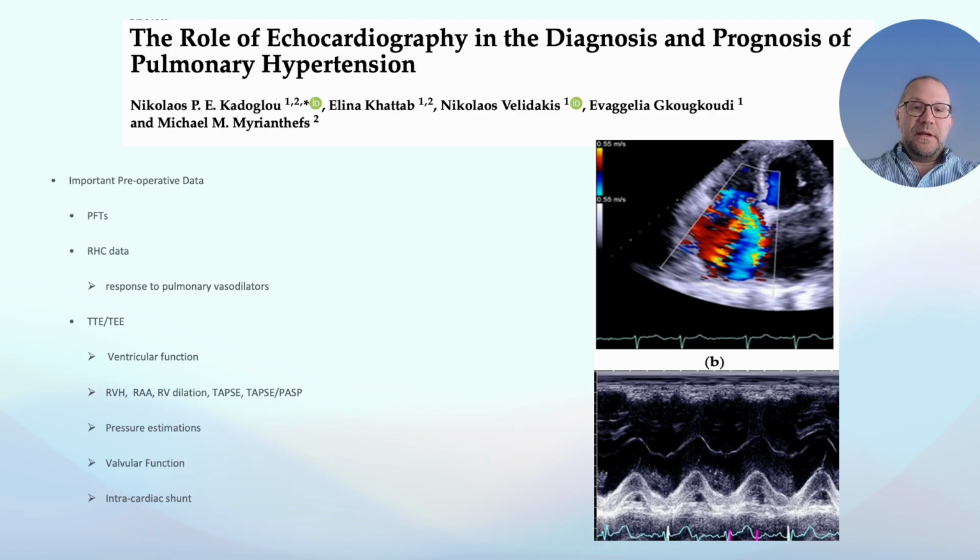So tricuspid annular plane systolic excursion, an echocardiographic marker sometimes associated with RV function, and pulmonary artery systolic pressure. And that ratio is another measure of RV-PA coupling or RV efficiency.